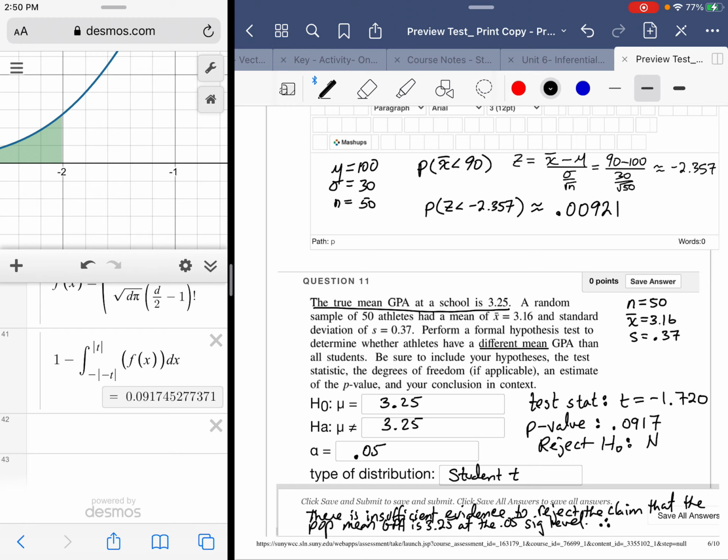I'm going to write it here, but you'd write it out on the test. 3 dots in the form of a triangle means therefore the claim that student athletes, well, I keep saying student athletes, but it's just athletes who happen to be students, have a different mean GPA than all students is false.